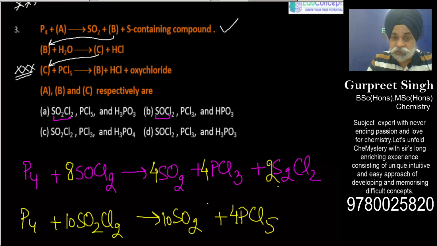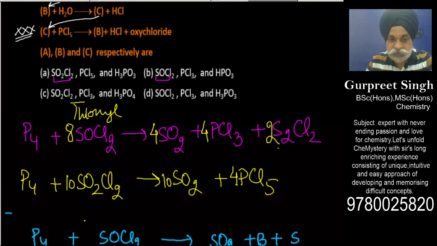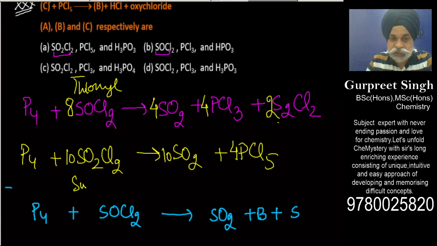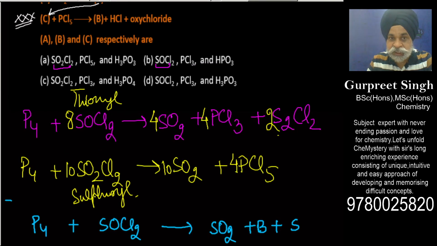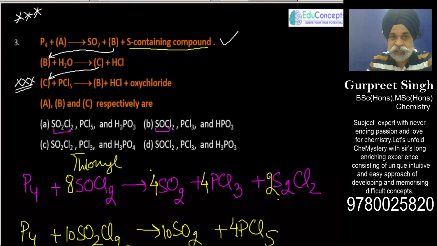The tip to remember: a sulfur containing compound is produced if phosphorus is treated with thionyl chloride, and if it is treated with sulfuryl chloride, you would not get that sulfur containing compound.